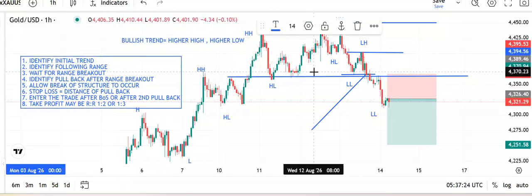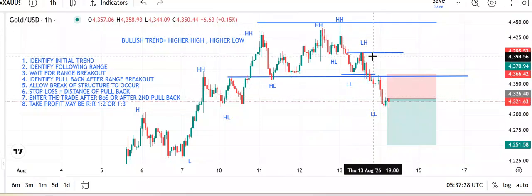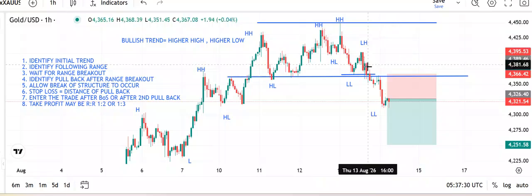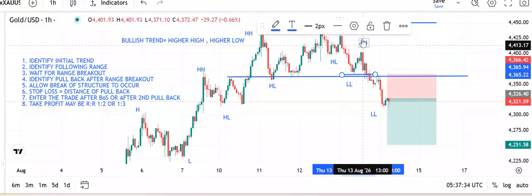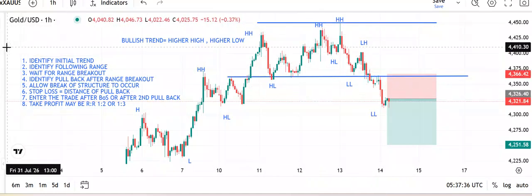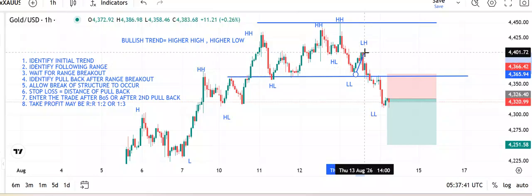So if the depth of the stop loss, this is the depth of the stop loss.